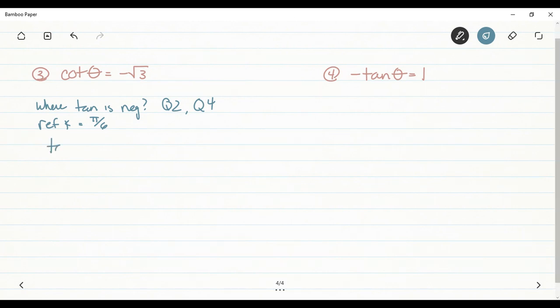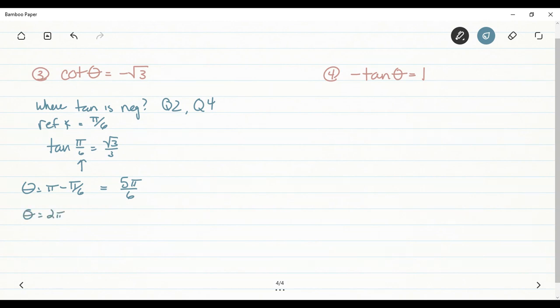So we're looking for the tangent for positive. Tangent of pi over 6 is the equivalent value, √3/3. So that's one angle, that's in quadrant 2, angle 4 pi over 6. We are going to take pi and subtract pi over 6. So one of the angles is equal to 5 pi over 6. And another option is quadrant 4.